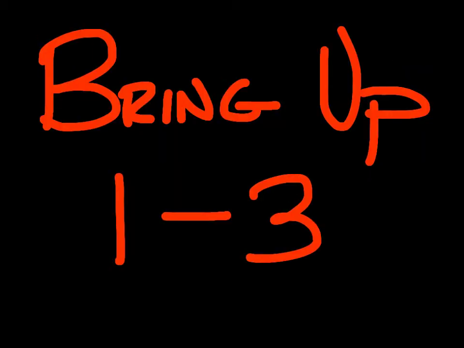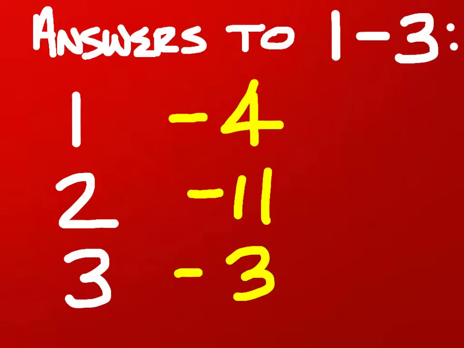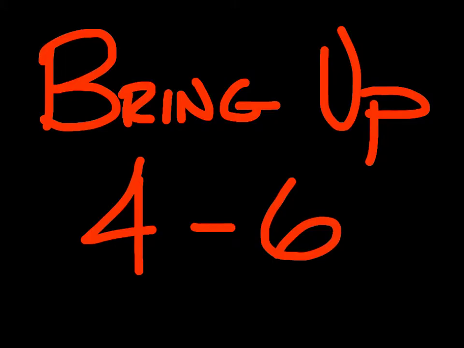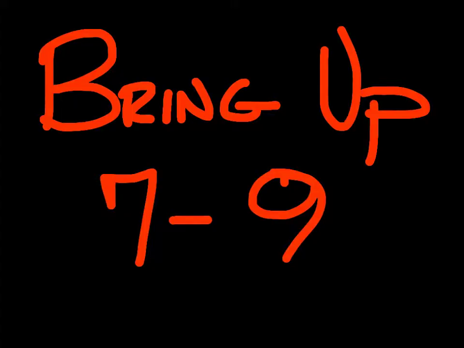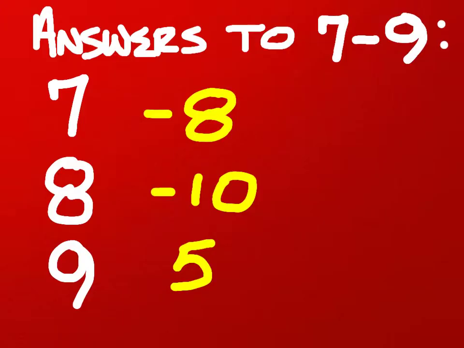Homework answers. Bring up 1 through 3. The answers were negative 4, negative 11, and negative 3. If you had 3, come on up. Bring up 4 through 6. The answers for 4 through 6 are 3, 6, and negative 6. If you have 3, bring up 7 through 9. The answers for 7 through 9 are negative 8, negative 10, and 5.